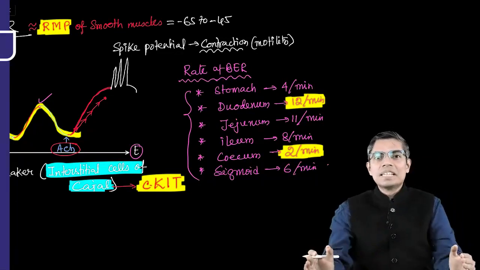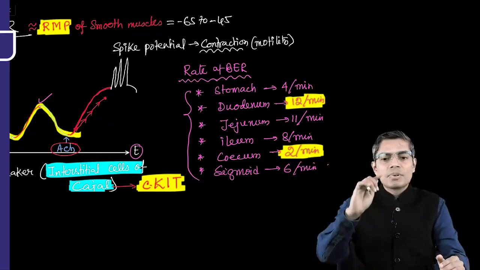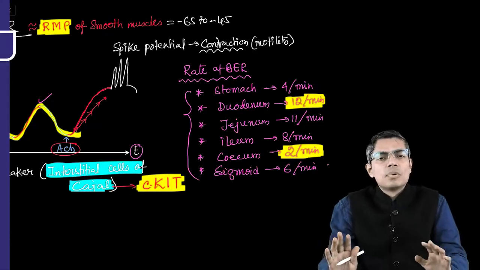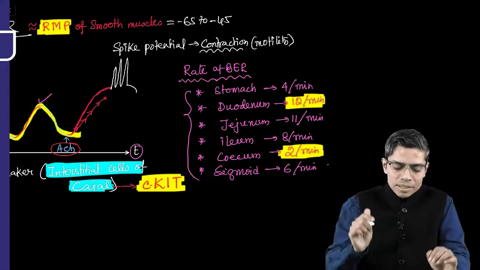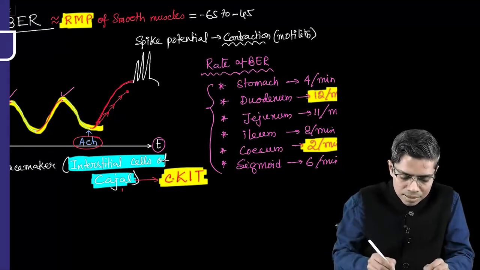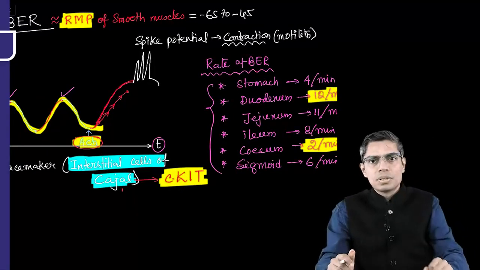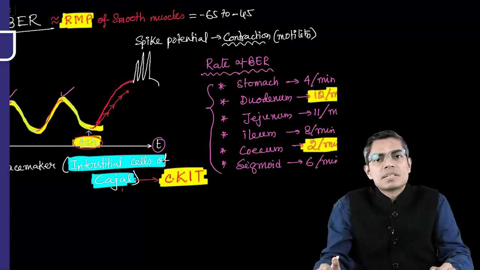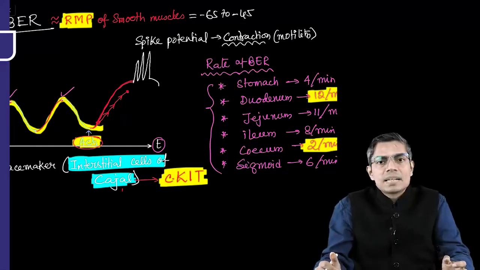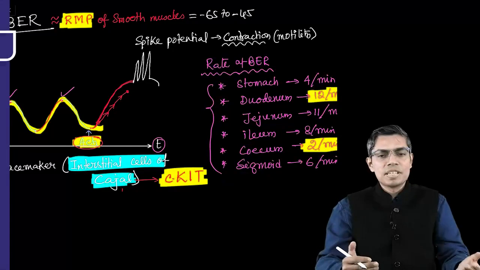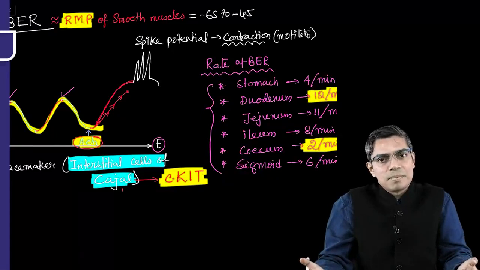In resting condition, the membrane voltage is continuously fluctuating. That is not contracting the muscle. Motility is not seen. But whenever you give a certain kind of stimulus, for example acetylcholine, this BER crosses the threshold and then multiple spike potentials are generated. That causes muscle contraction, and that will produce various motility of the GIT, like for example peristalsis, segmentation, etc.